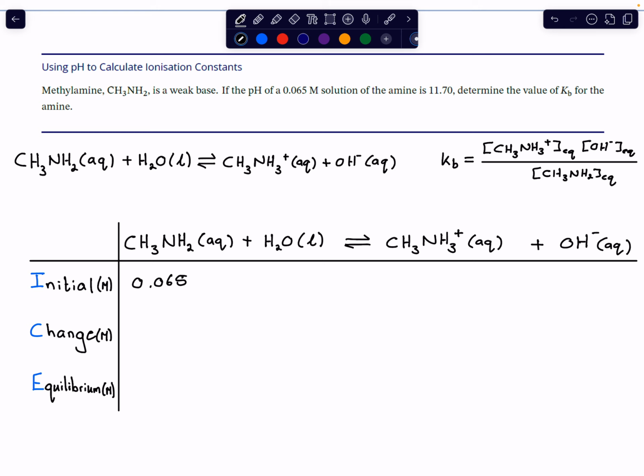The water doesn't form part of the ionization constant expression, so it's not applicable in this case. We're looking at the initial conditions, so we're modeling this as if we took the amine and initially dissolved only that in the solution. Hence we put a 0 for both of the species that the base dissociates into.